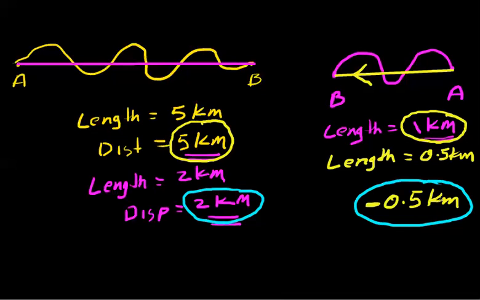The third difference is that displacement can be zero, but distance cannot be zero. Let's take an example. Let's say there is a person standing on the ground and he throws a ball upwards.